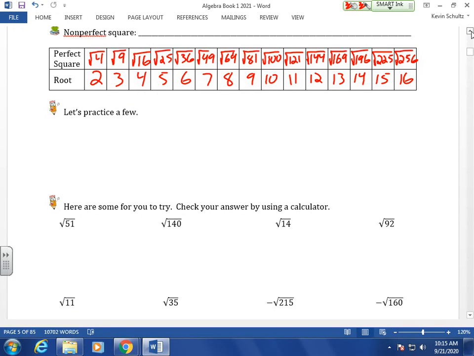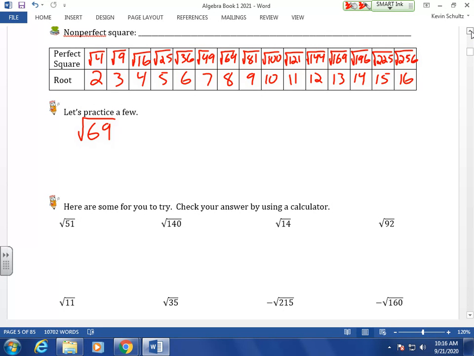Okay? So what am I talking about here with estimating a non-perfect square? Let's practice a few. Let's all pick a number 1 through 100 that's not a perfect square. 69. Sure. So we look at 69 and we see that it's not listed in our perfect square row, right?